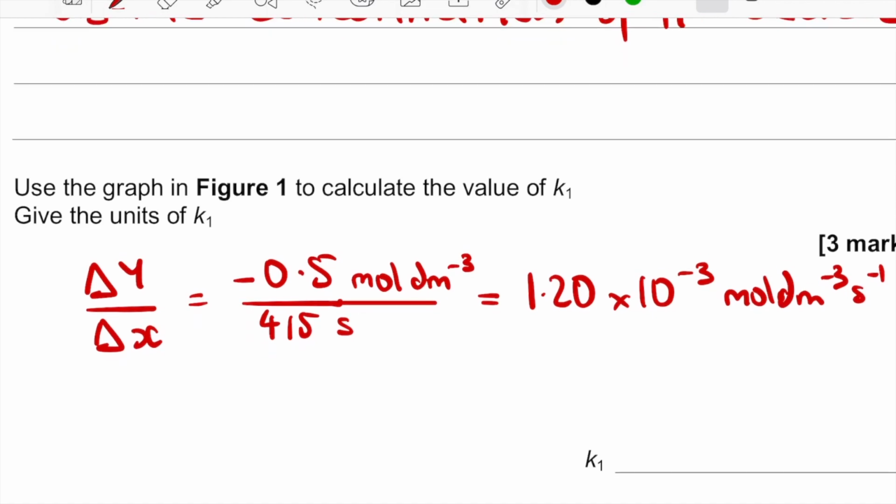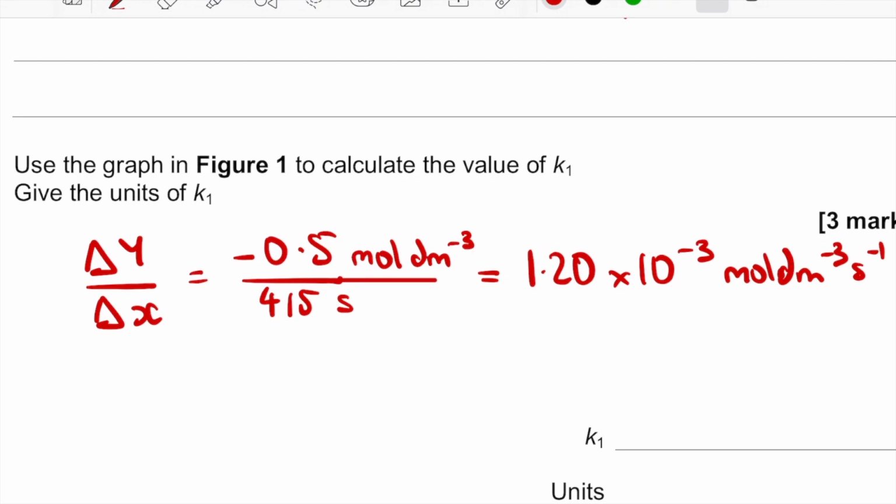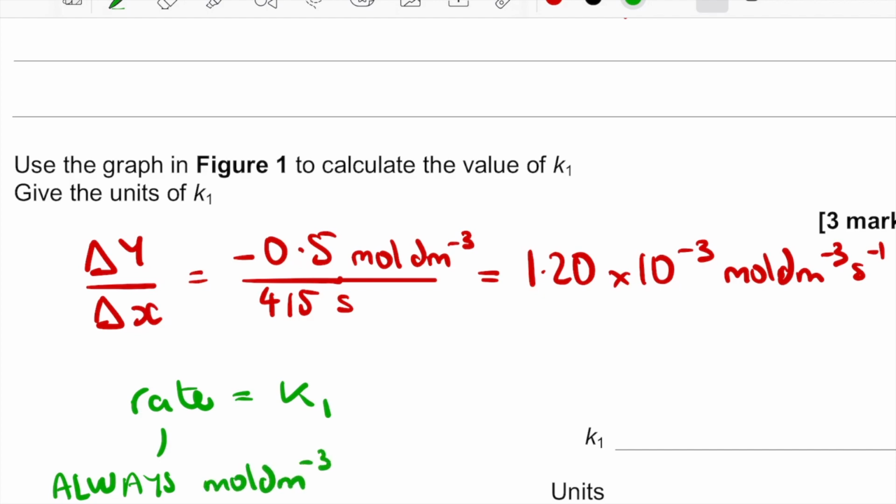The other thing to say is because we concluded it was 0 order, that meant that rate equaled k, or k1 I should say, right? So because we're working out k1 here, and the units of rate are always moles per decimeter cubed, seconds to the minus 1.